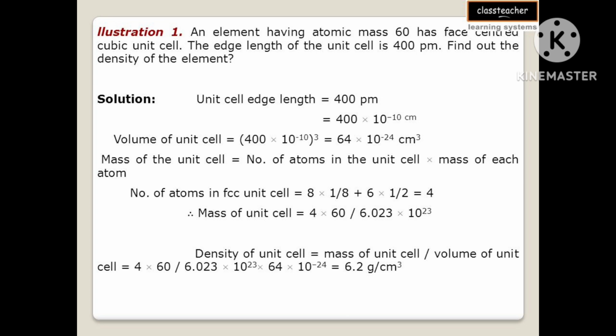It is in picometer. 1 picometer means 10 to the power minus 12 meter. Don't forget. Then 288 picometer, first you convert in meter. 1 picometer is equal to 10 to the power minus 12 meter. Then 288 means 288 into 10 to the power minus 12 meter. This is the edge length, the a value.